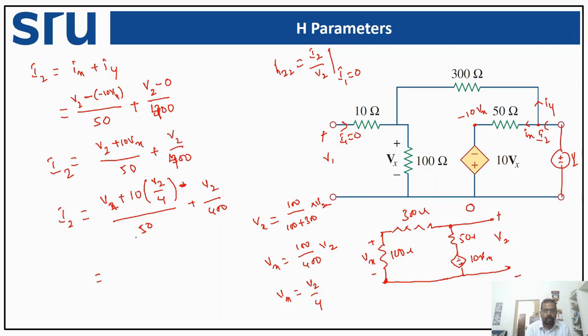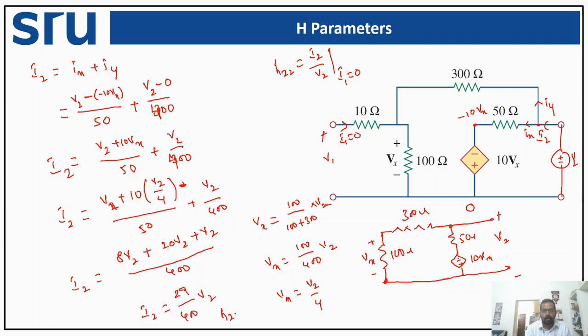Okay, so let us multiply and divide by 8. So we are going to get 8 V2 plus 20 V2 plus V2 divided by 400. 8 times 5 is 40, 400, plus here we are having 400. That is the reason we have written it in this particular way. So my I2 is equal to 28 plus 1, 29 by 400 V2.